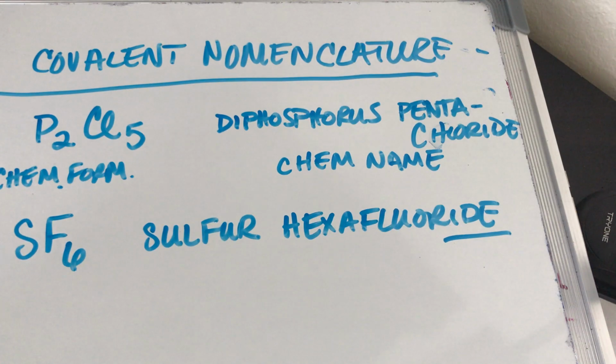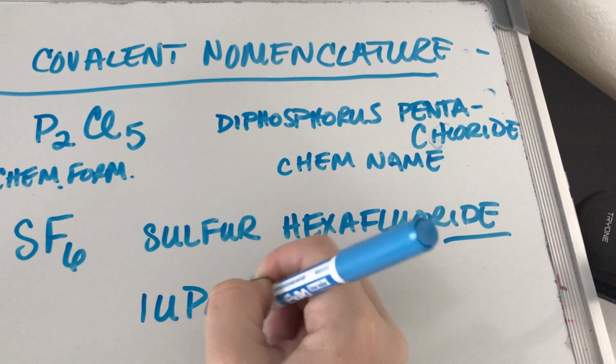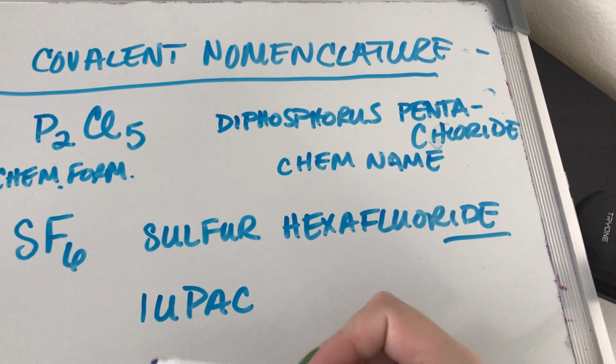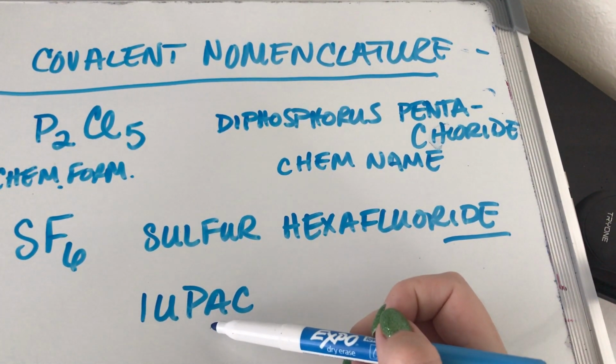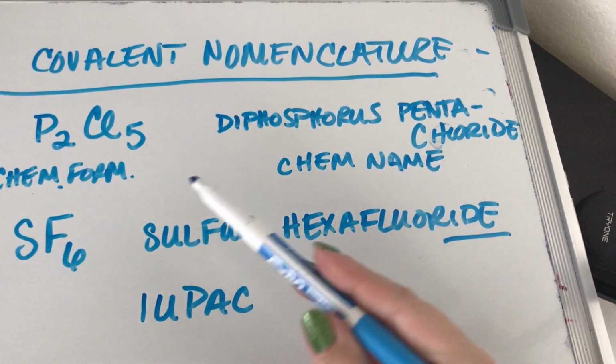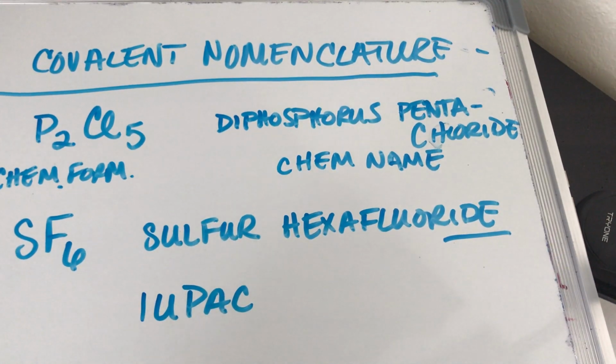This is the system that they've decided on, and so that's how we do it. Those people are IUPAC. I don't know what this stands for, but IUPAC is who makes these rules, right? So you'll often see this kind of covalent nomenclature referred to as the IUPAC nomenclature.